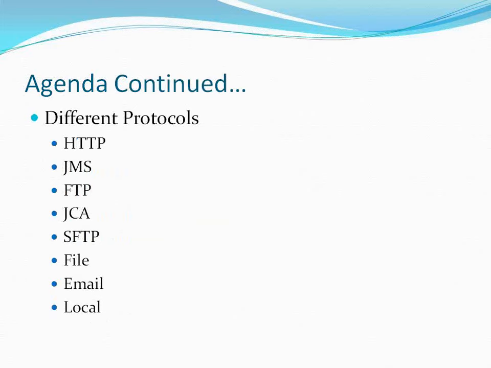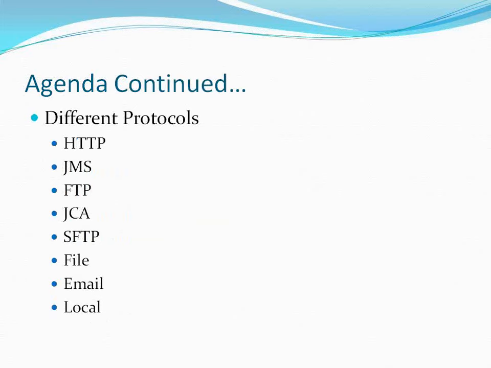Second, we have an FTP protocol inbuilt in OSB. So you can use that protocol also to pull your file from a directory. So either you can use the inbuilt OSB protocol or you can use an FTP adapter.